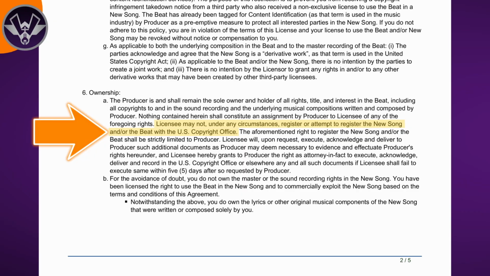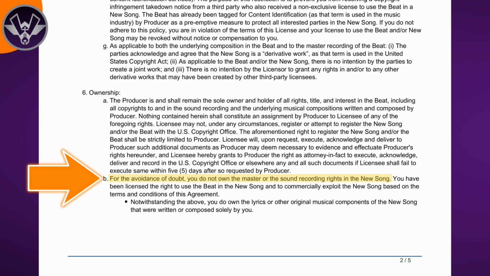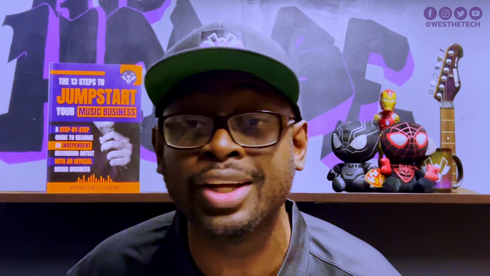They even mention it further, to make sure that you don't get any of this confused. They say right here, "For the avoidance of doubt, you do not own the master or the sound recording rights in the new song." They're letting you know literally, you do not own the masters of this song.